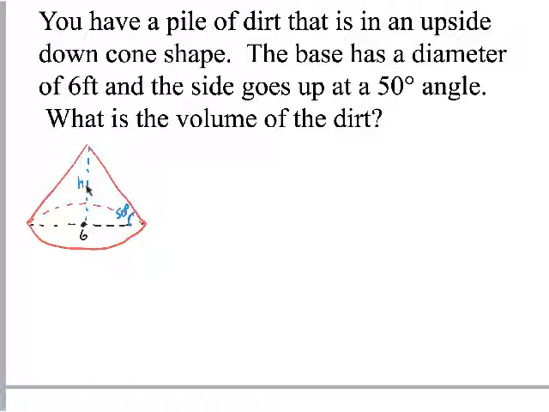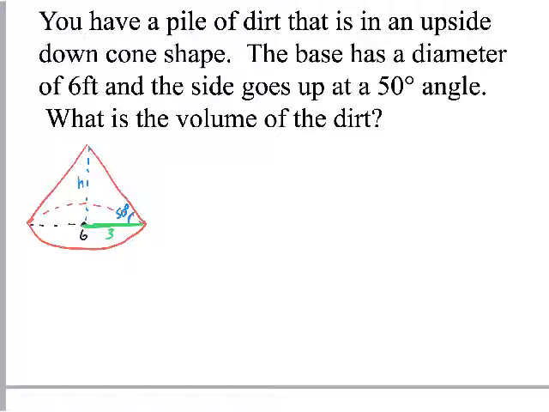How do we get that height? Well, we have to use trig. Do we know this length right here? Let's pause and think, what is this length? Wouldn't that be 3? Because the whole thing's 6, so wouldn't that be 3? And what trig function for this angle uses opposite and adjacent?